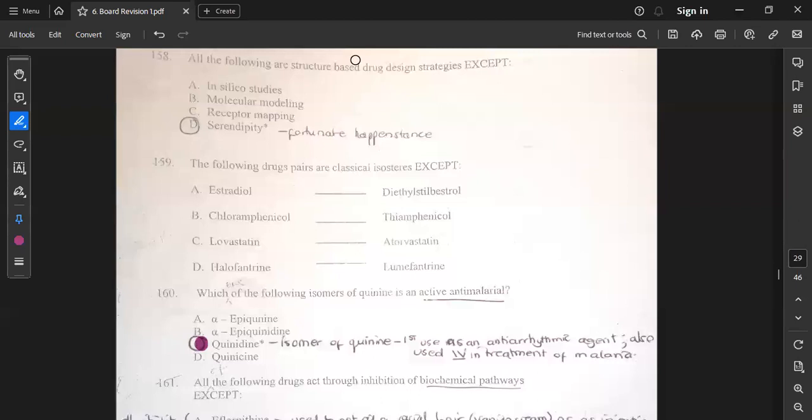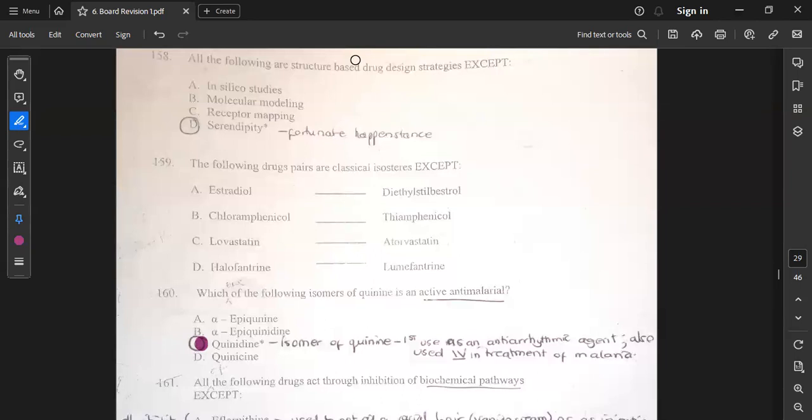So basically, to note, there are three stages. There's the gametocyte stage, which happens more or less in the Anopheles gut. Then there's the liver stage, and then there's the blood stage. Basically, the gametocidal drugs are primaquine and artemisinins.